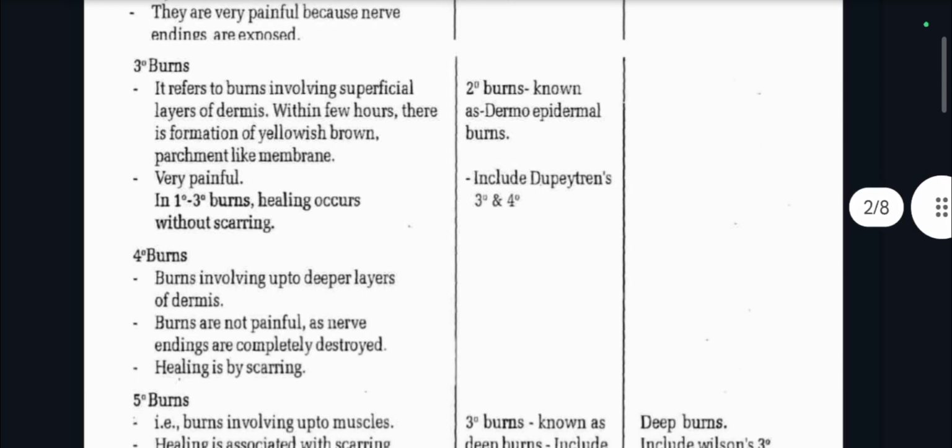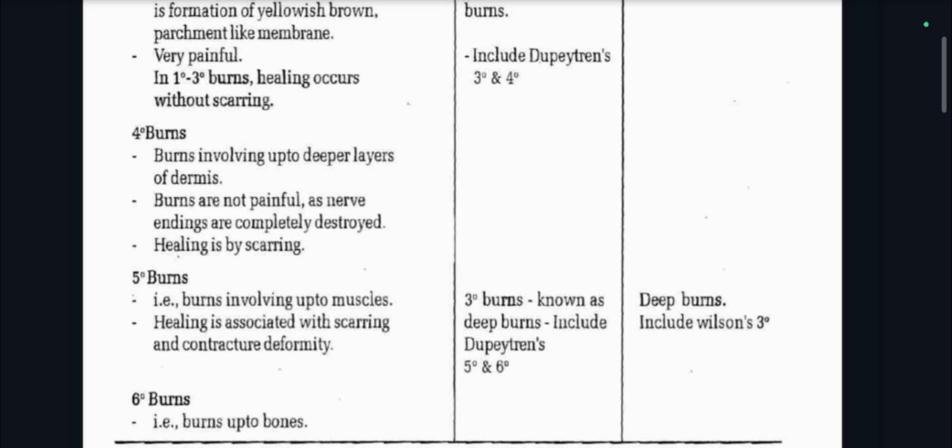So what are the important points in tertiary burns according to Dupuytren's classification? It involves superficial layers of dermis, then yellowish brown parchment-like membrane, and heals without scarring. Moving to 4-degree burns or quaternary burns, burns involving up to deeper layers of dermis.